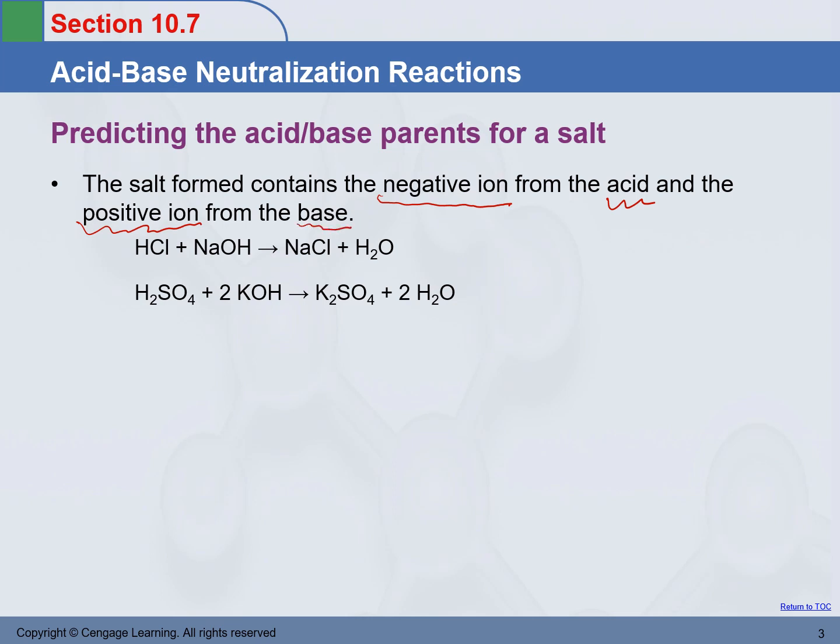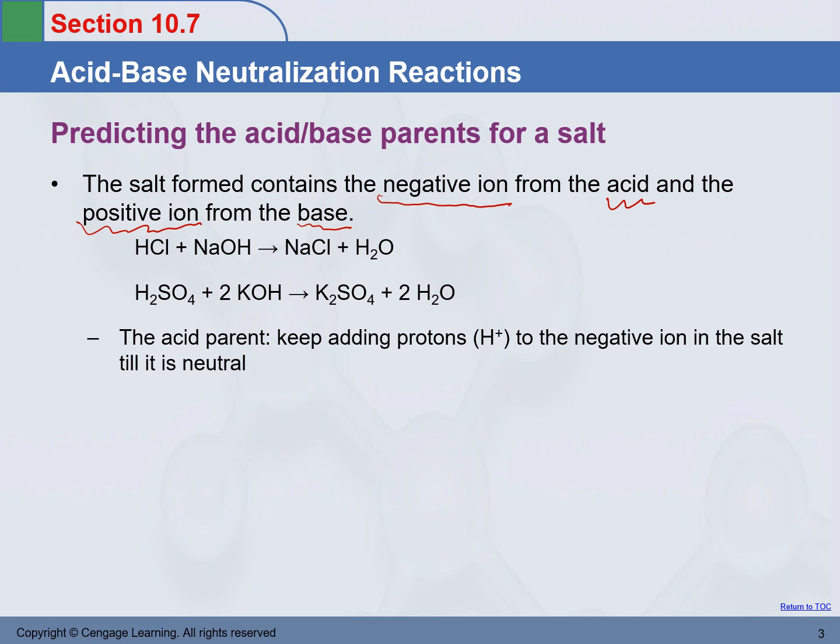So here is the procedure you will follow to get the acid and the base parents for a salt. To get the acid parent, you keep adding protons to the negative ion. We already know that the negative ion is from the acid. So if the negative ion is from the acid, how do you get that acid? You keep adding protons to it.